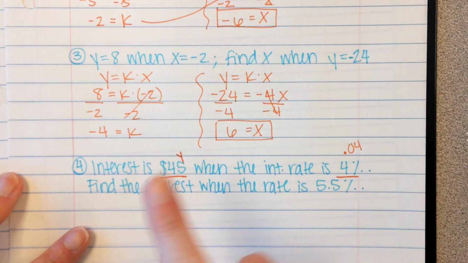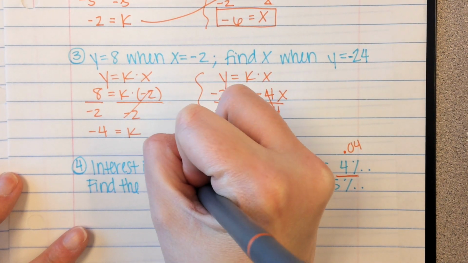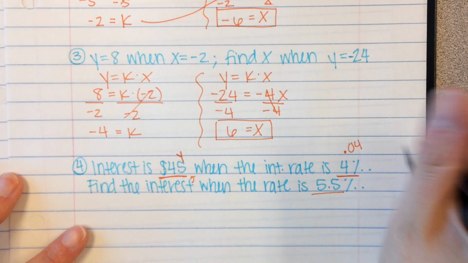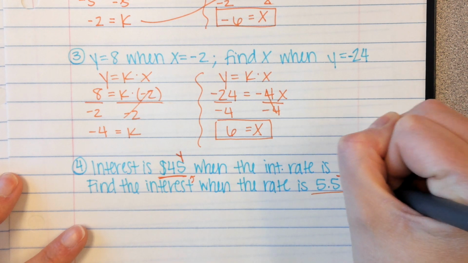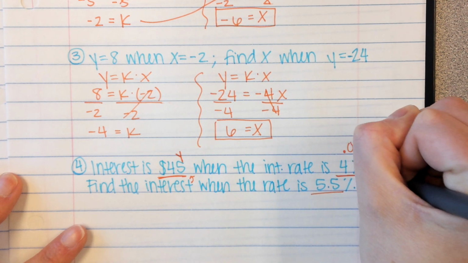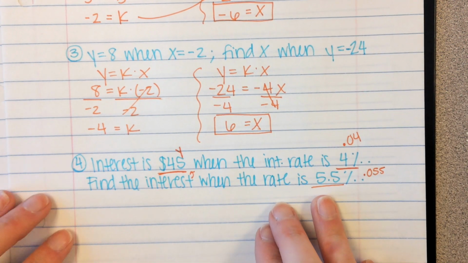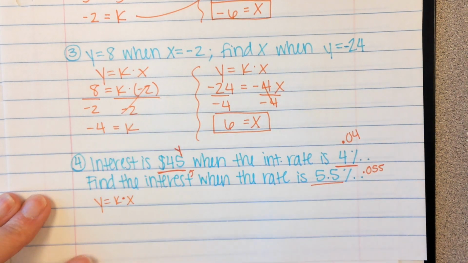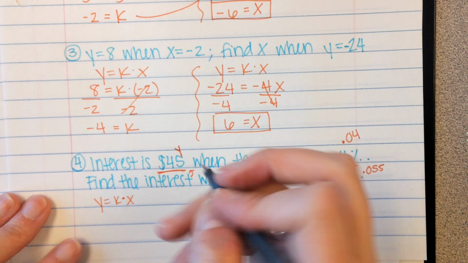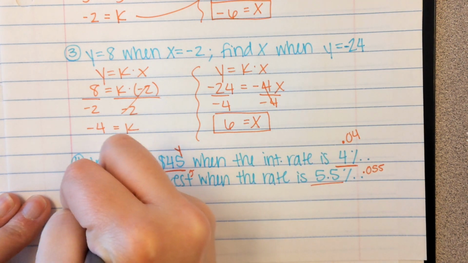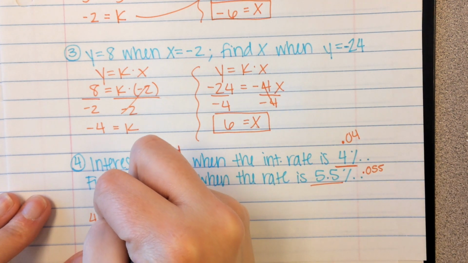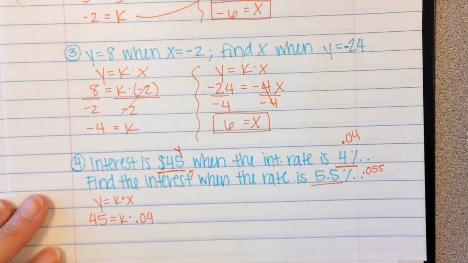And then we're wanting to find the interest, which is Y, when the rate is 5.5%. We need to know that as a decimal, so that's 0.055. Okay, so what we're going to do is set up our little y equals k times x equation or function. So we have $45 equals k times our interest rate, which is 0.04.